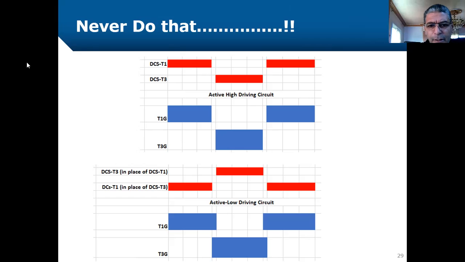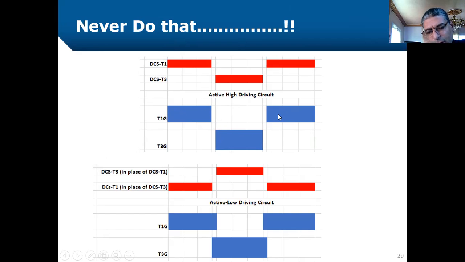Look, this is a switching signal generated by the DSP for an active high gating pulse, for an active high driving circuit. Then this is a dead time, as you see. Here is a clear band where both switches are off.